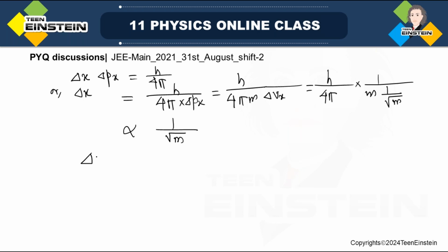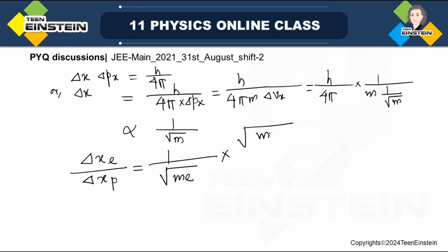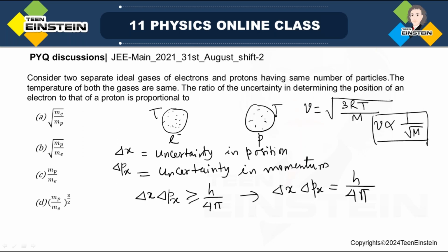So I can write delta x for electron divided by delta x for proton. Since I know this is inversely proportional to the square root of m, this will go here mp. Okay, so I can write this as mp by me.